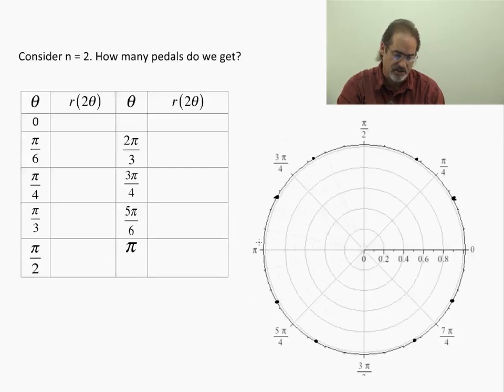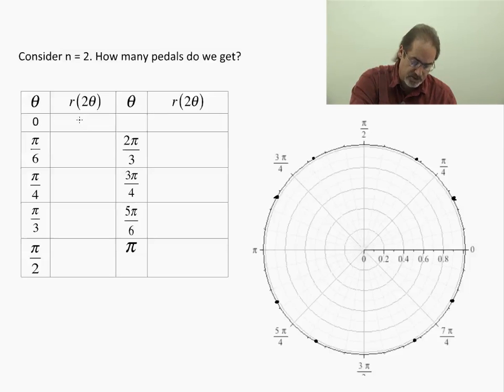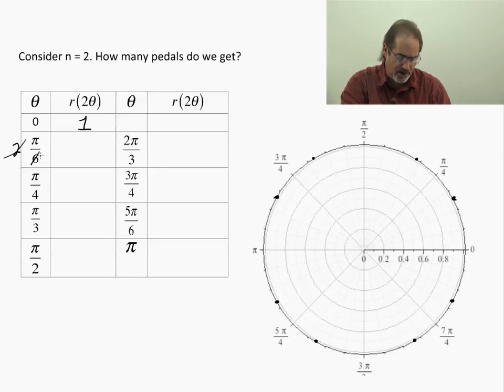So let's take a look at n equals 2. So now I have r of 2 theta. Well, for r of 2 theta, when theta is 0, 2 times 0 is still 0, so cosine is obviously still 1. Now when theta is pi over 6, 2 times theta gives me pi over 3.